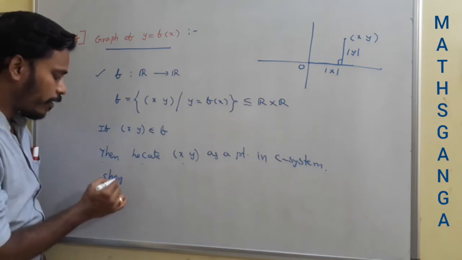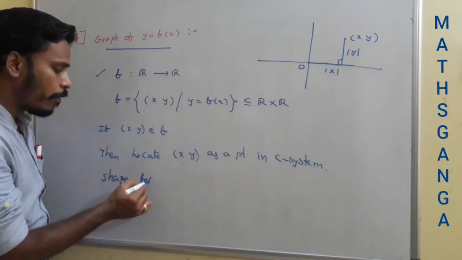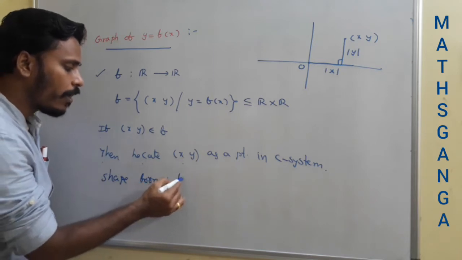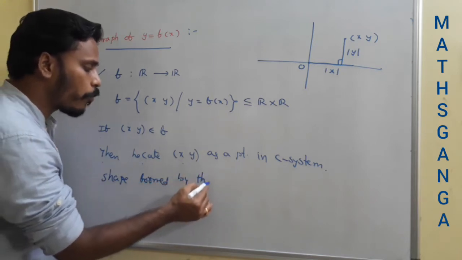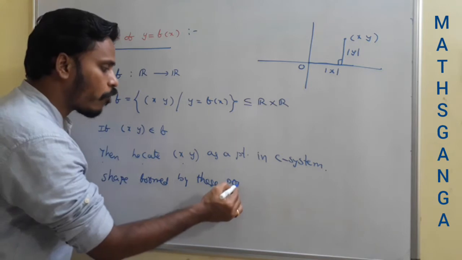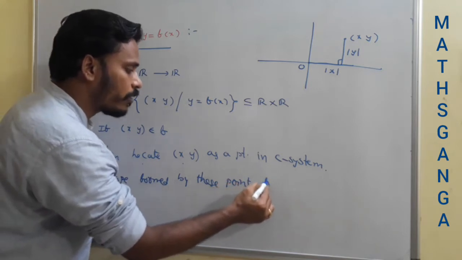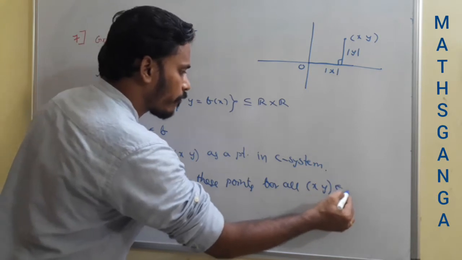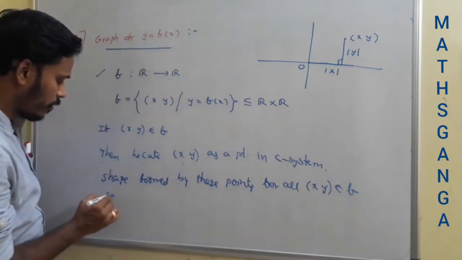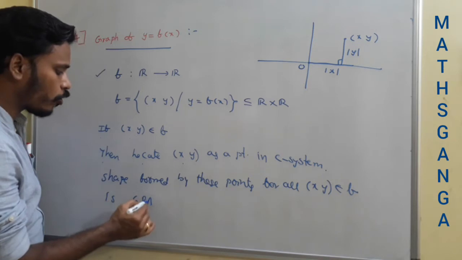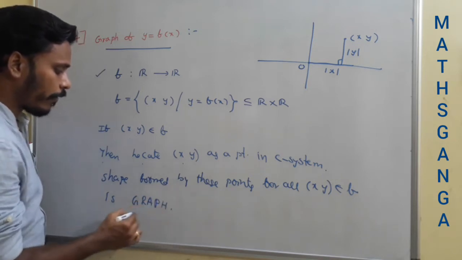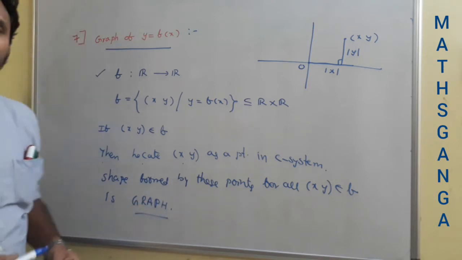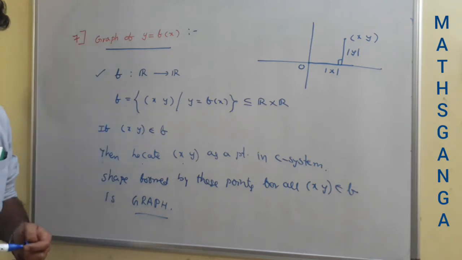Then the shape formed by those points, for all x comma y belonging to f, is the graph of that particular function. Okay, right, just have a look. What is meant by the graph of y equals f of x?